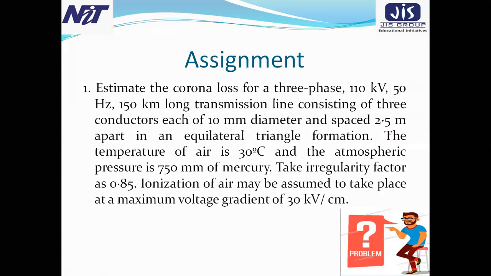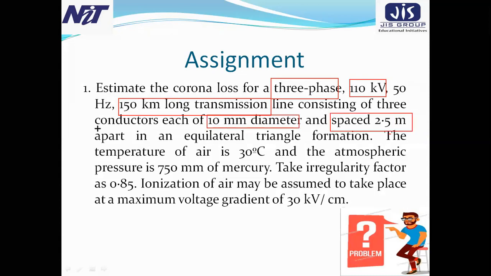Estimate the coronal loss for a 3-phase, 110 kilovolt, 50 hertz, 150 kilometer long transmission line consisting of 3 conductors, each of 10 mm diameter and spaced 2.5 mm apart in an equilateral triangular formation. The temperature is 30 degrees centigrade and the atmospheric pressure is 750 mm of mercury.